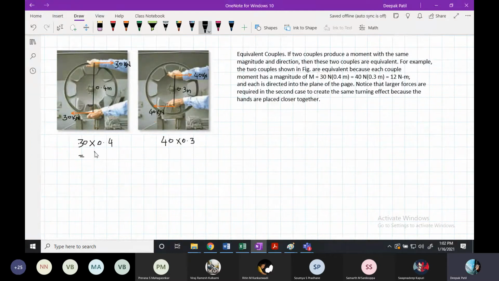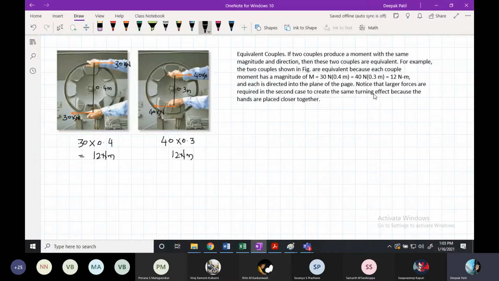So this comes out to be 12 newton meter, and this also comes out to be 12 newton meter. Now you can see here the larger forces are required in the second case to produce the same effect as that of the first case.